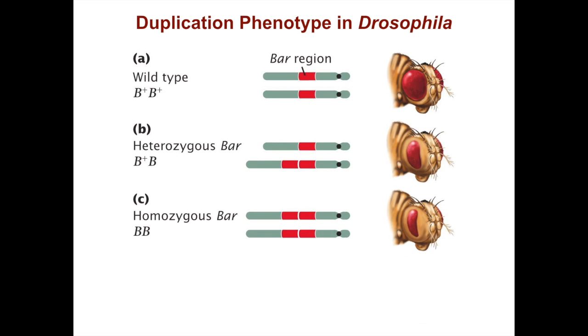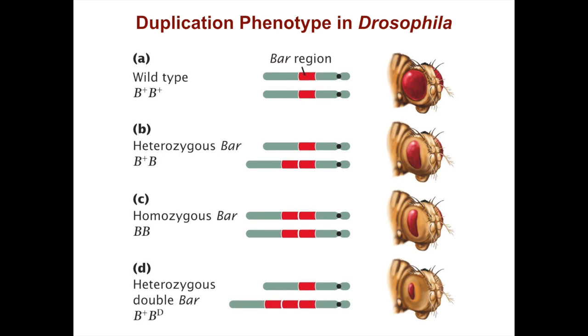If you're homozygous for the bar mutation, which is a particular type of duplication here in C, you can see that the phenotype gets even stronger. And if you have a chromosome that has a double bar mutation, you can get an even stronger phenotype. So this shows that duplications can have really strong effects on the phenotypes of organisms.